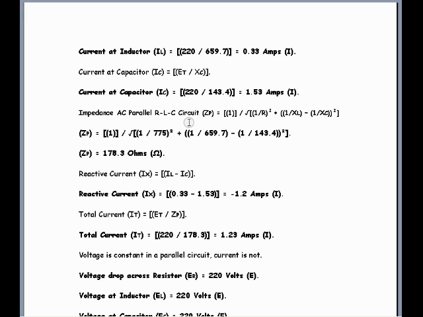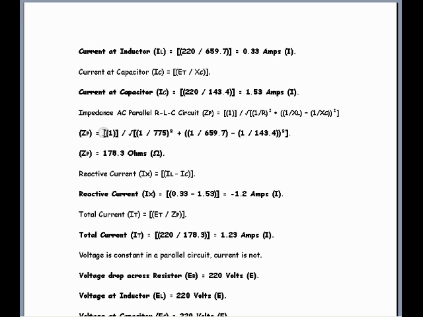Next we have to calculate the impedance for an AC parallel RLC circuit, which is different from the AC series RLC circuit. So we abbreviate it with Z sub P for parallel, and it would be represented by this formula here. The easiest way to do this is just take 1 over the capacitive reactance, and hold that, then take 1 over the inductive reactance, and subtract these two values, and then whatever you get, square it, and hold that value there.